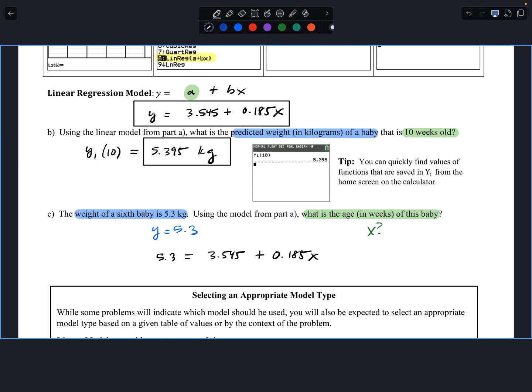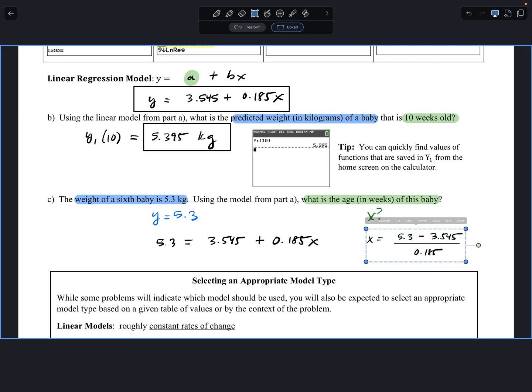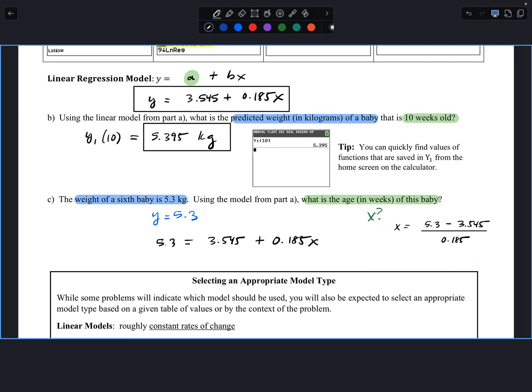So x is going to be 5.3 minus 3.545 divided by 0.185, whatever that is. What is that, guys? Yes, and X stands for weeks.